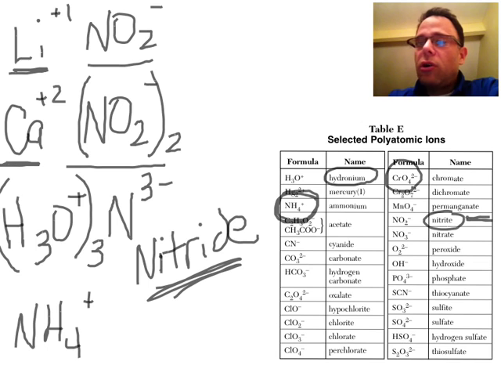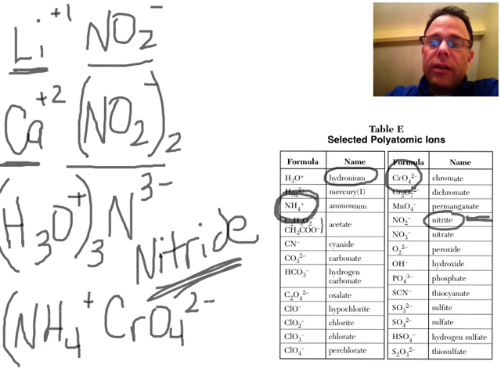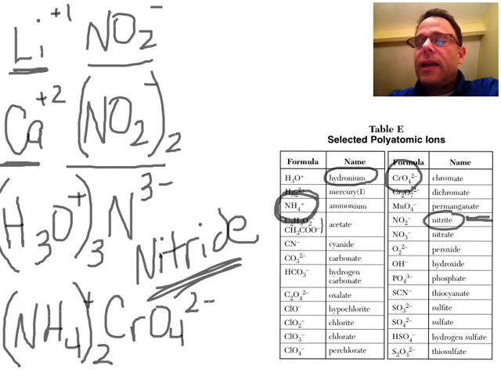Let's choose this one, chromate, CrO4 2 minus. Do the crisscross so that we get the formula correct. And we have 2 ammoniums for every 1 chromate. Its name is ammonium chromate. Hope this one was helpful.